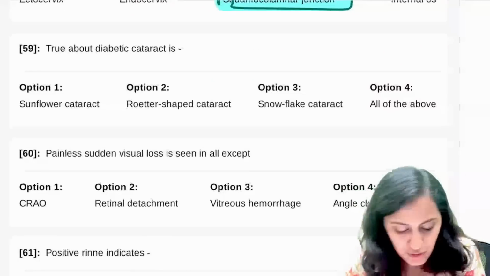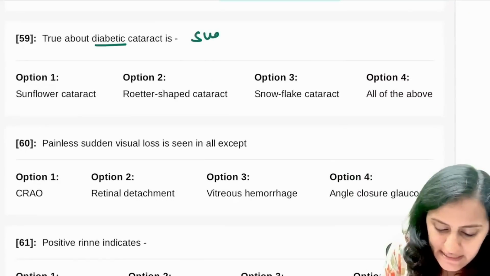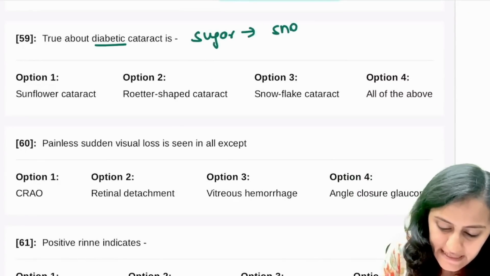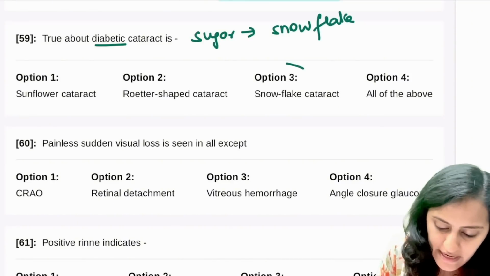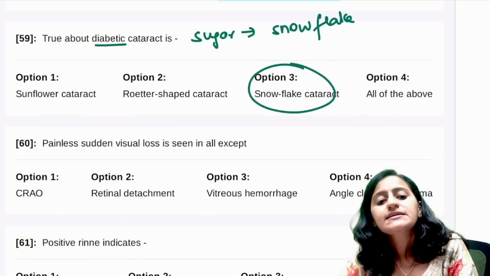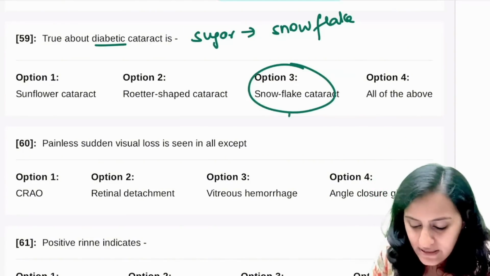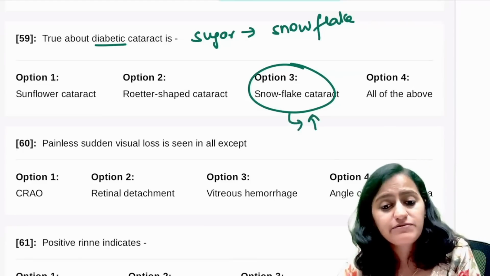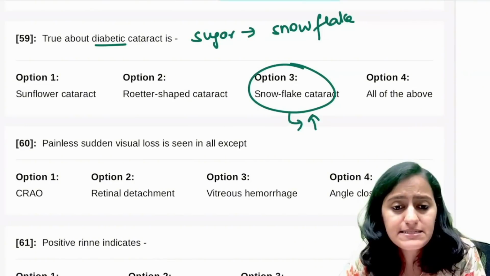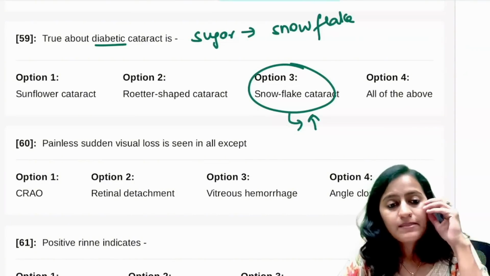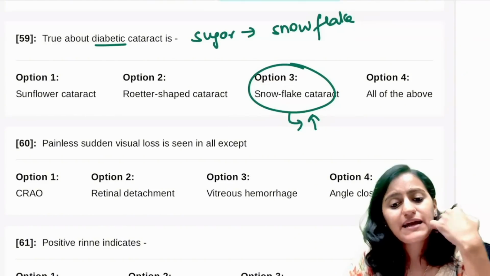True about diabetic cataract. Diabetes, remember, sugar appears like a snowflake. So the cataract you see here is a snowflake cataract. Why do you get cataract in diabetes?